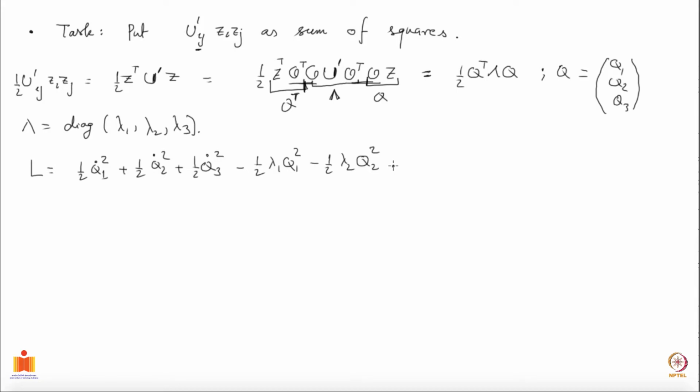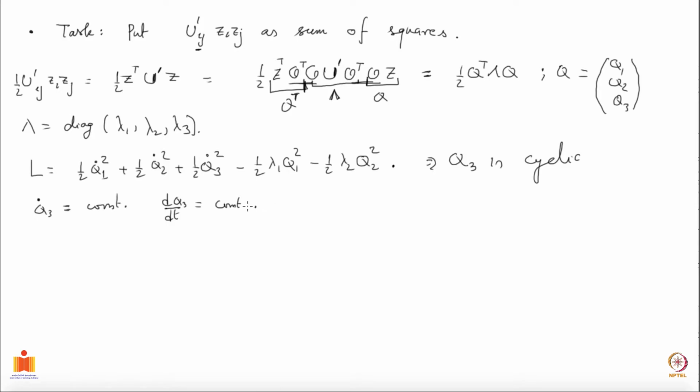So that term is gone, which means that q3 is cyclic, as I mentioned last time. Which also means that q3 dot, the momentum corresponding to q3, is a conserved quantity, so it has to be constant.